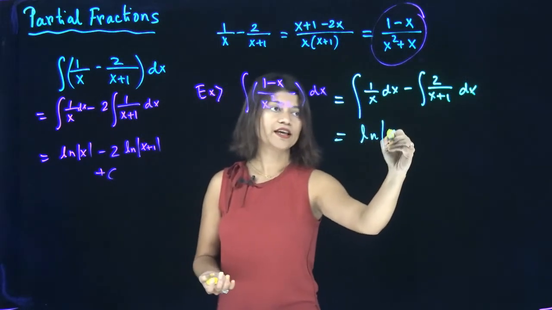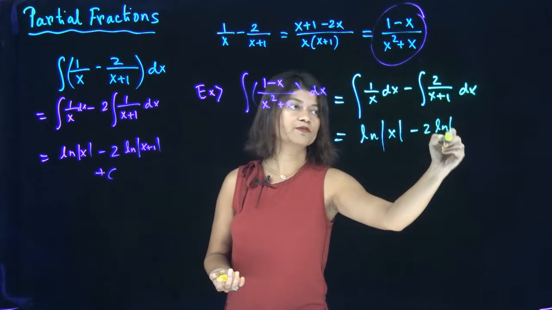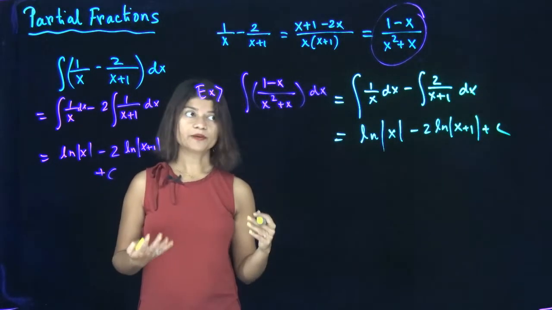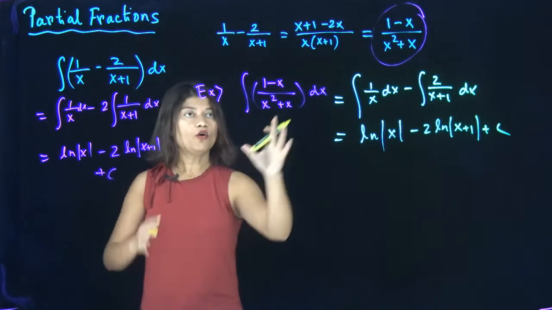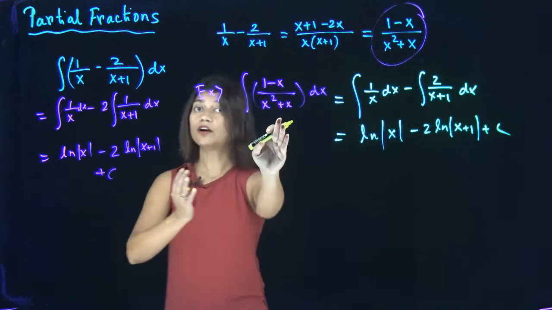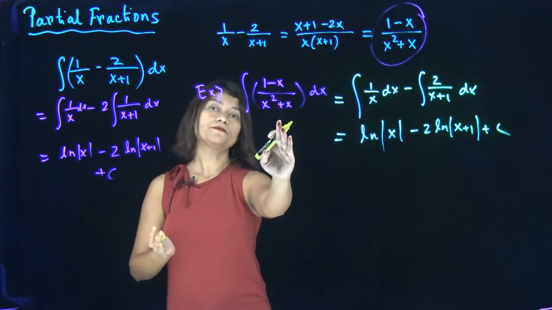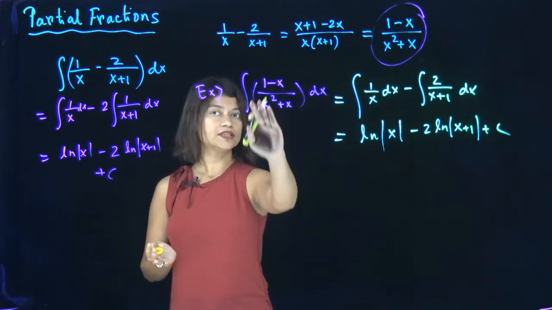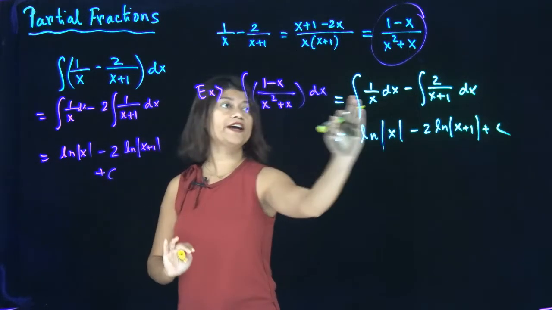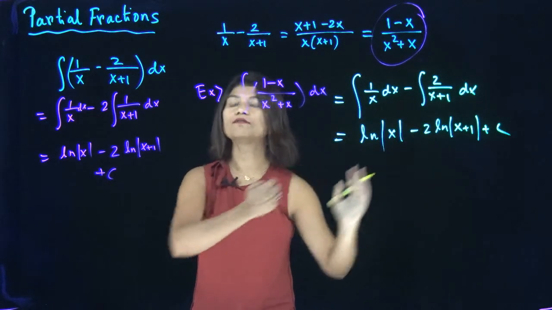I know the answer to this original function. The answer is ln of x minus 2 ln of x plus 1. So do you understand my point? My point is that when all of these different fractions are combined together, it's much harder to solve. But if you recognize that, oh, this is a rational function, I might be able to split it up into partial fractions, then I can solve it easily.